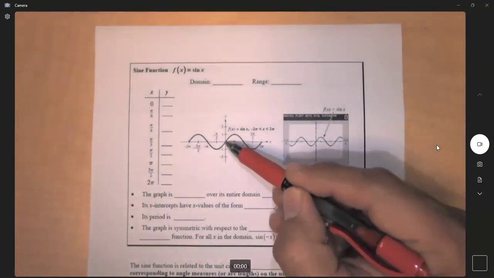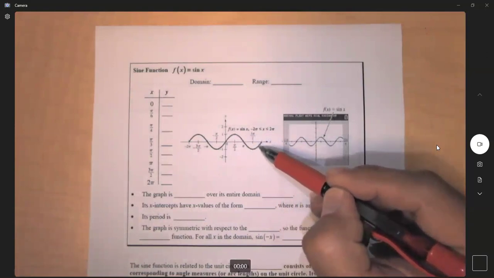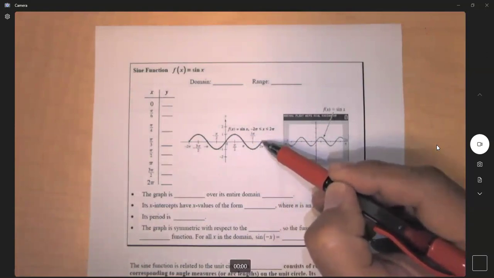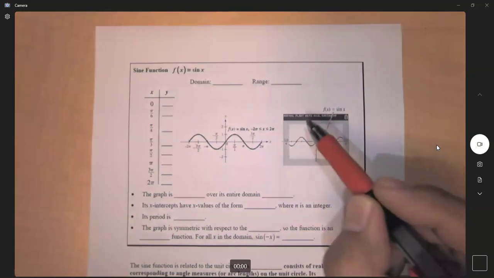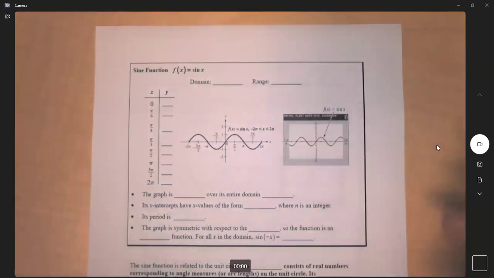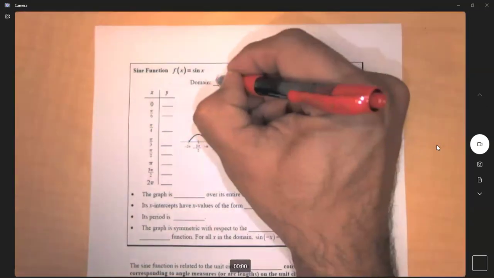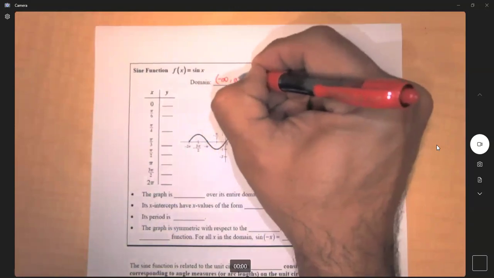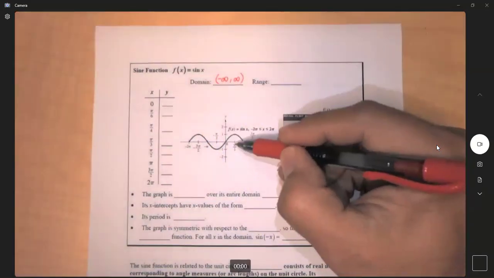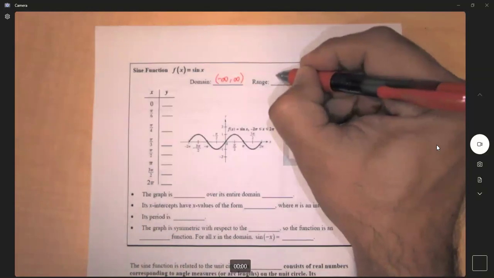So like from here, if you follow the pen all the way to 2 pi, that's 1 period, and then it repeats and it keeps on going indefinitely. And that's why its domain is from -infinity to infinity. And its range is between -1 and 1 inclusive.